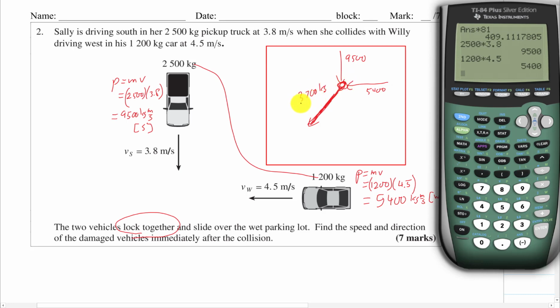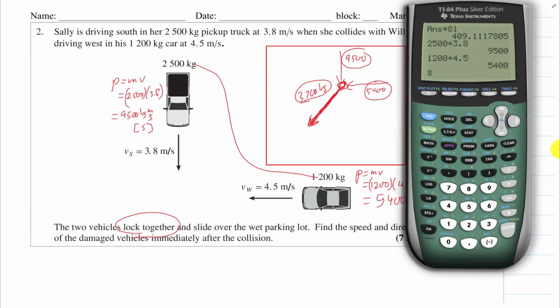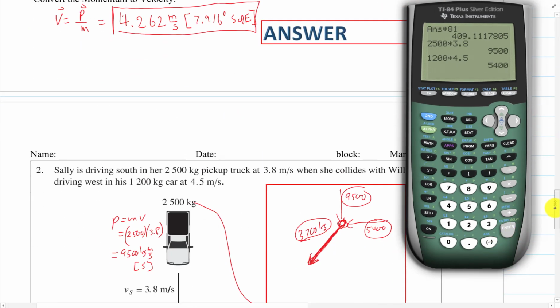And that mass is going to be moving in a particular direction and have a momentum that has a component of 9,500 south and 5,400 west. It's just going to combine those momentums to get that one object. It's going to actually be sweet and simple. Okay, I think so. Of course I think so, because hey, I'm the teacher.